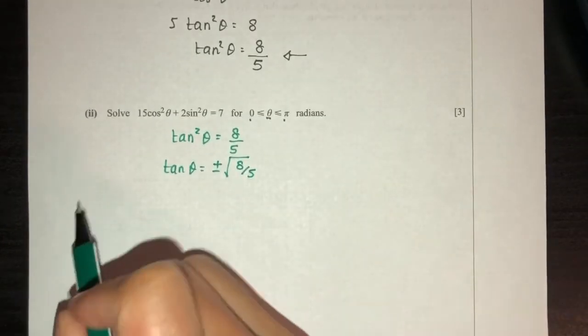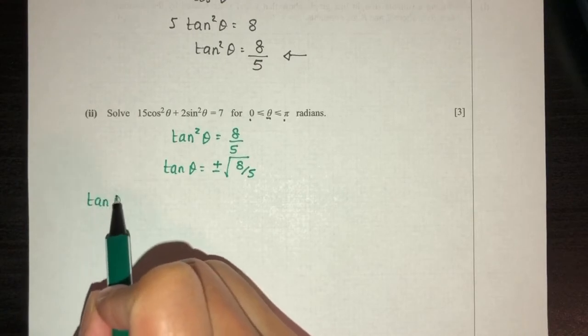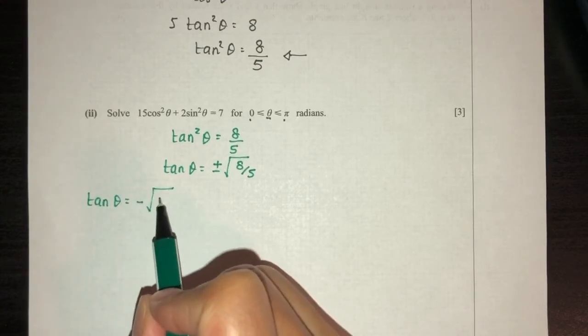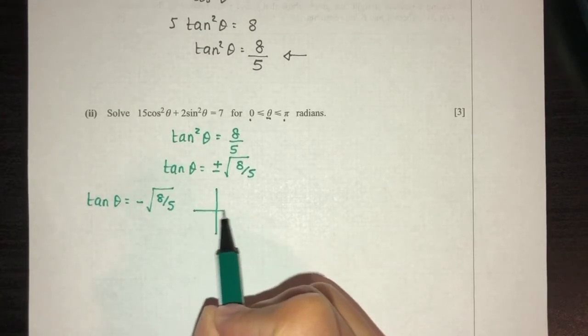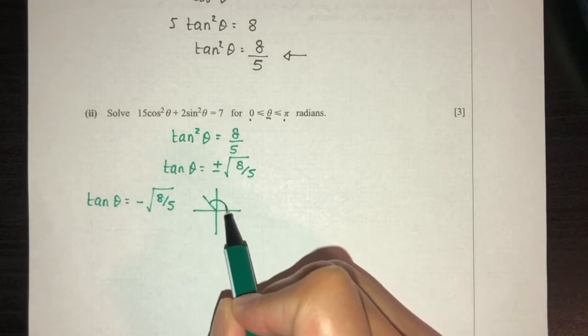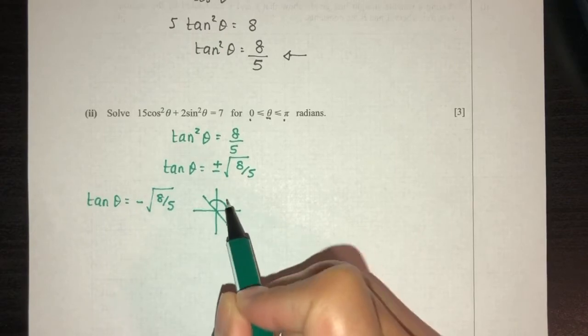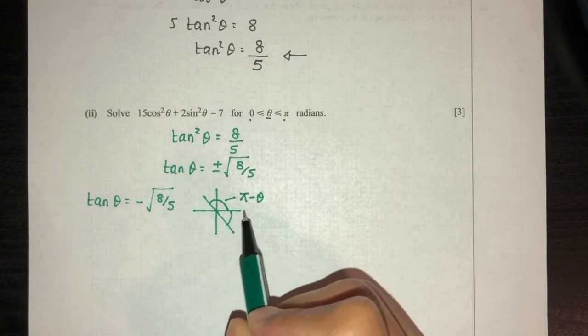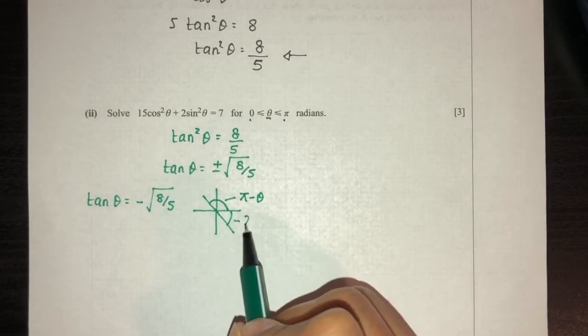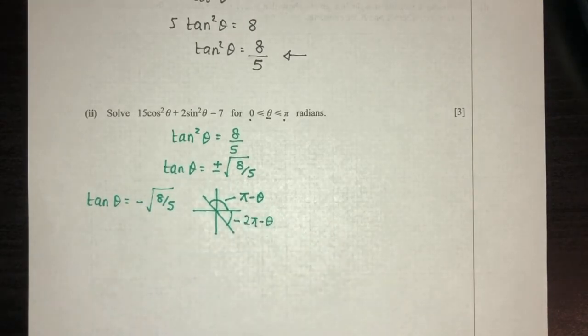So for the first value, tan theta will be equal to minus root of 8 over 5. When tan is negative, it is in your second quadrant and in your fourth quadrant. This is pi minus theta, and this is 2 pi minus theta.